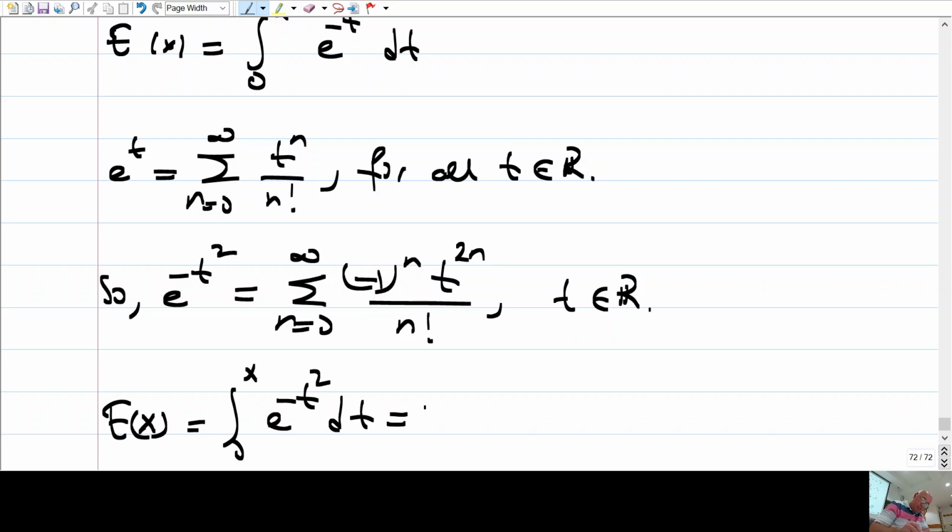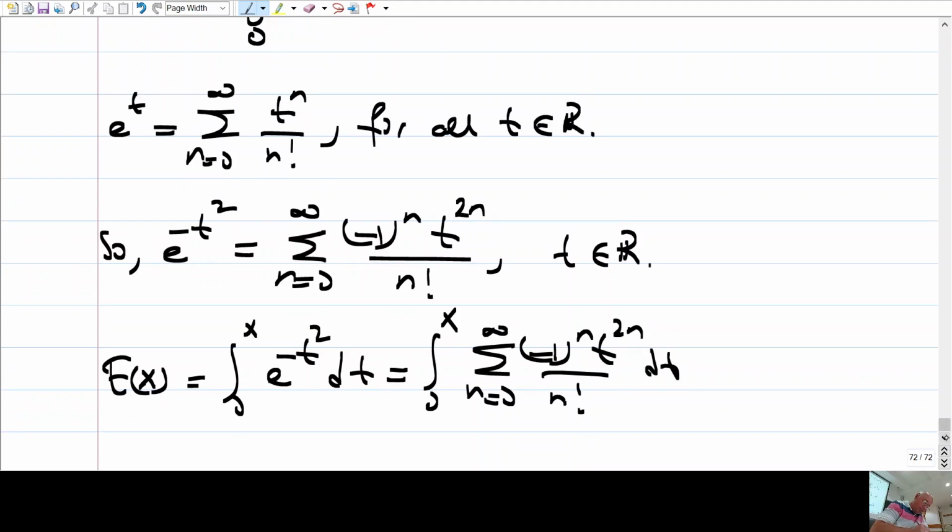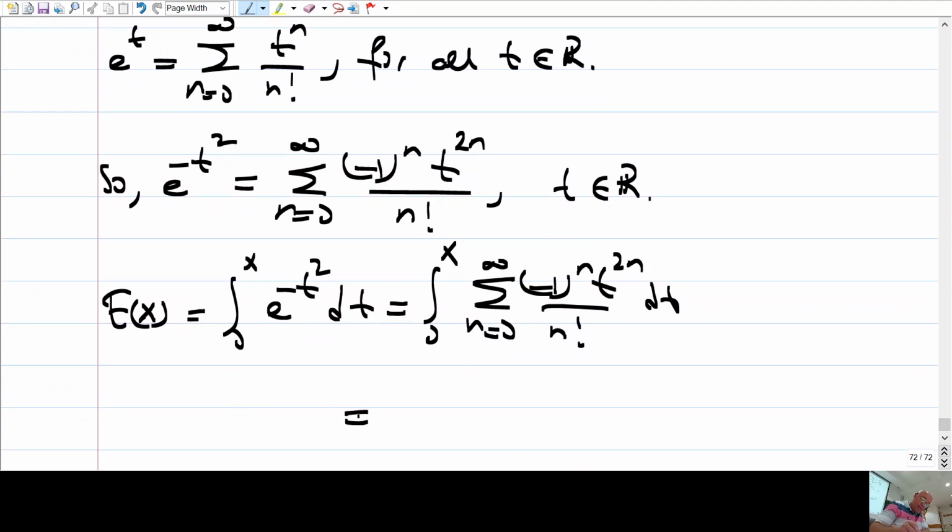Well, you just integrate this expression, sum from 0 to infinity. And we have seen last time, yesterday, that if you have a convergent series, which is convergent for all t, therefore I can just integrate it term-wise. Okay, this is a theorem.